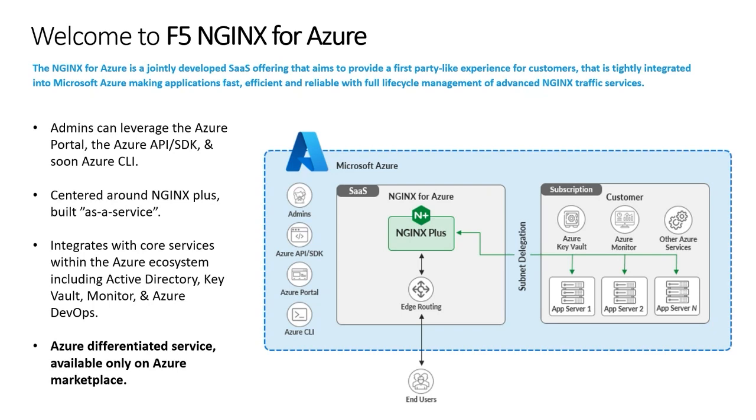That's excellent. Thanks, Yanbing. Another question that came up was whether there are any features such as NGINX App Protect, like the WAF and the DDoS. Are there any plans to bring some of those features to NGINX as a service for Azure? I think as mentioned earlier, it's certainly a direction that we would like to go.